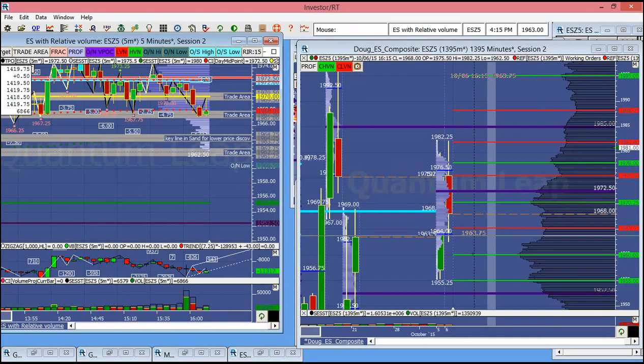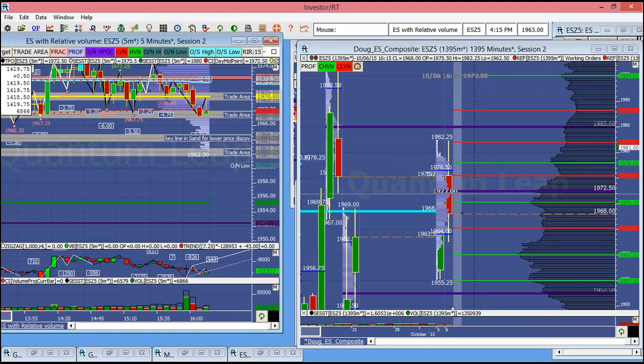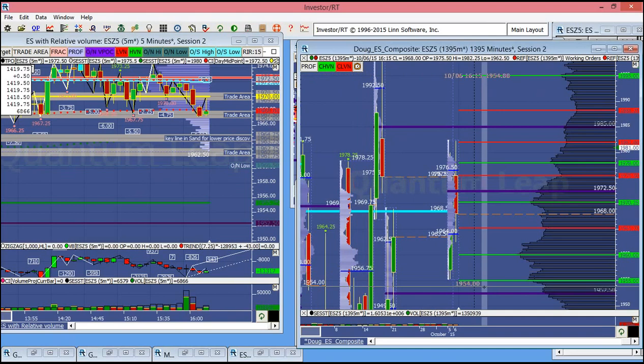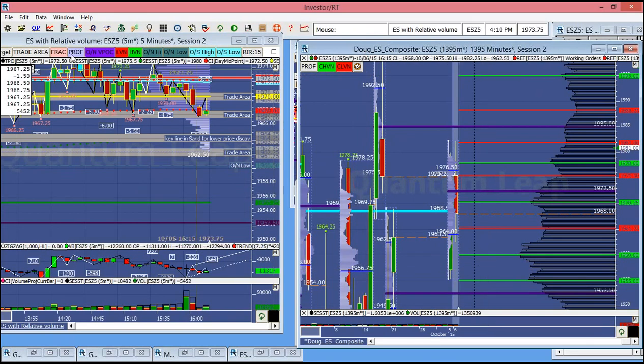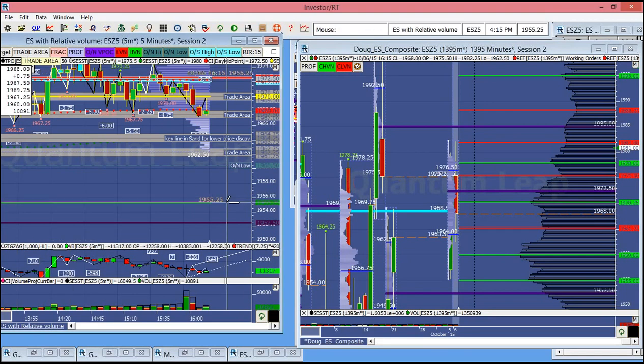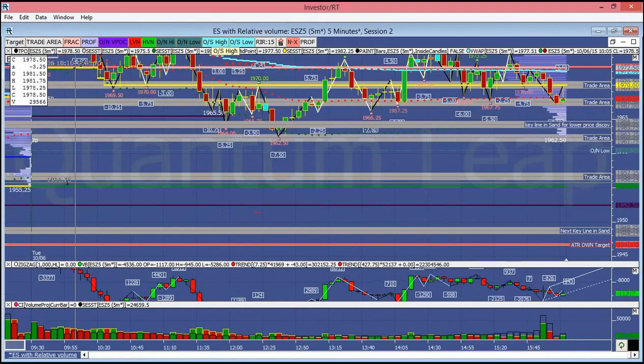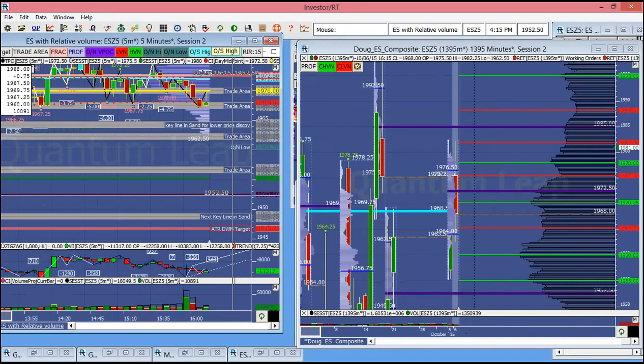Below 60, you've got a little bit of support coming in here at the 56.75. You can see the 56.75 is this value area high, and it's a little bit of an LVN here at 57. And then below that, you've got the range low at 55 from Monday.